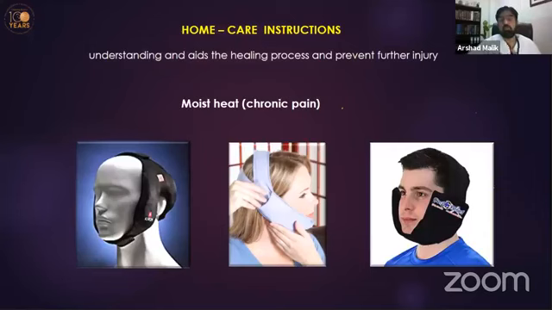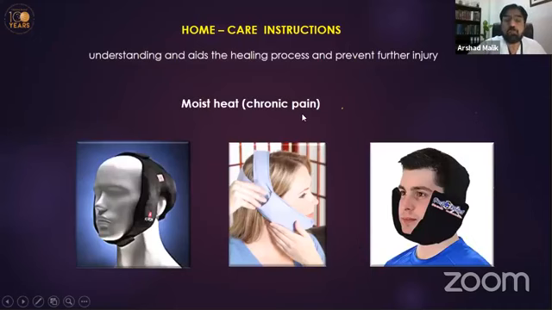Now the moist heat packs are generally available in the market. Some moist heat packs like this are electronically controlled by electricity. These can also be heated by microwave, and you can place it right there, and you can have this moist heat when you are going to work.